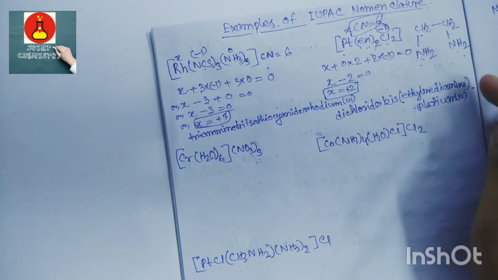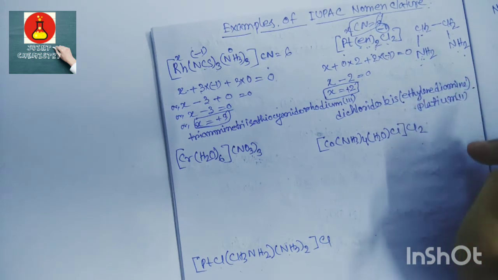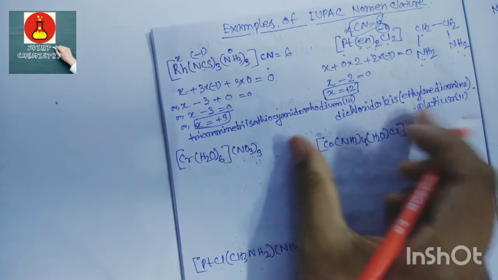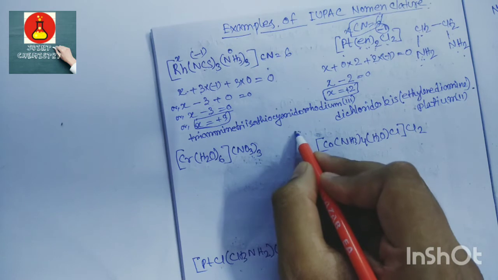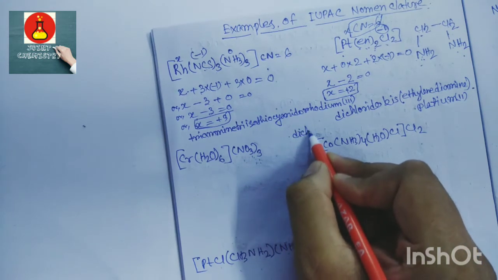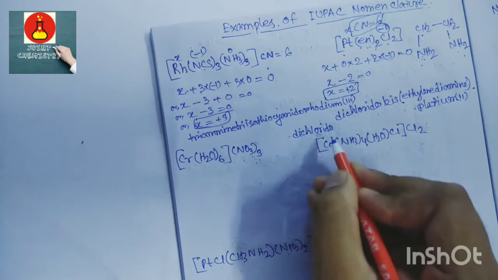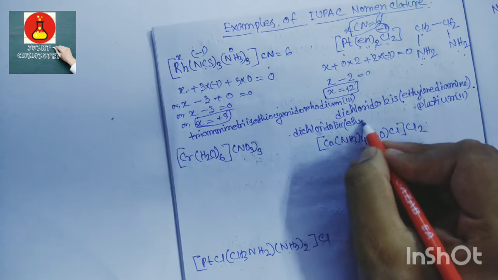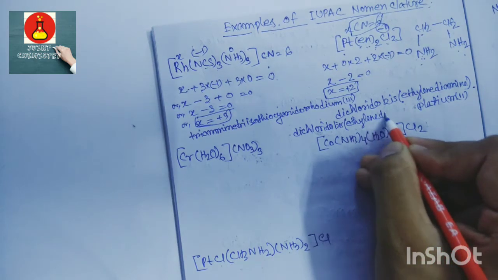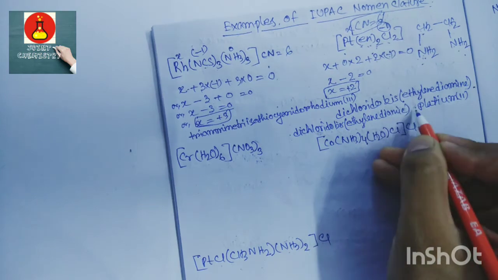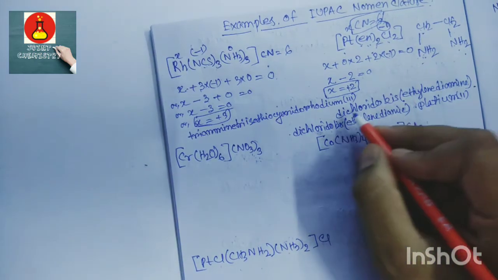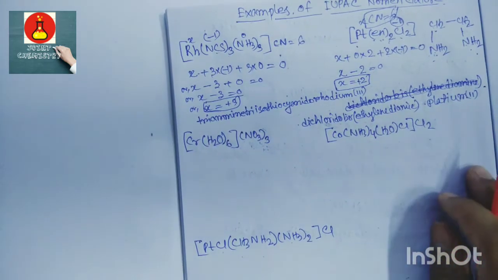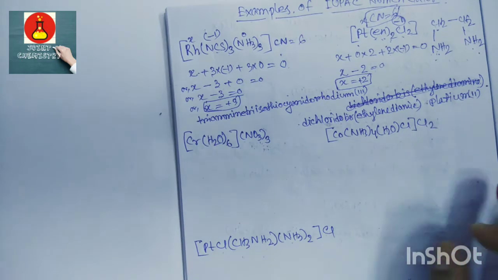There will be no break, no space. So I'm joining it so that it is in one line: dichloridobis(ethylenediamine)platinum(II). Okay, it's done. So this is the name, it should be in one line.